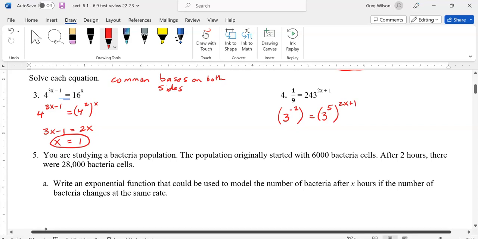So once you get to this point where you have the same base on both sides, then you just let the left exponent equal the right. Just be careful that you distribute the 5 to both of those. Okay, subtract 5, divide by 10, and your answer in this case is negative 7/10.